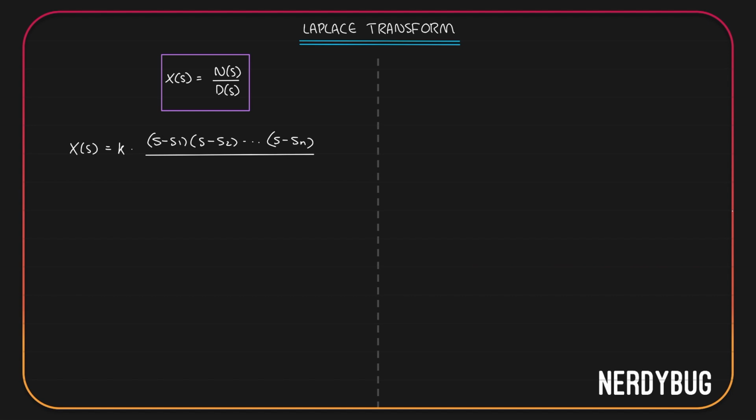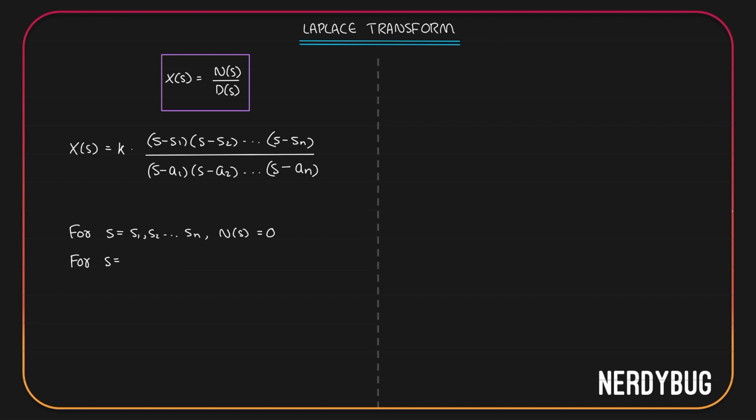Divided by d of s can also be written as the product of its factors. So it will become s minus a1 into s minus a2 up to s minus an. a1, a2 up to an will be the roots of d of s. Now, since s1, s2 up to sn are the roots of n of s, for values of s being s1, s2, etc. up to sn, numerator will be equal to 0.